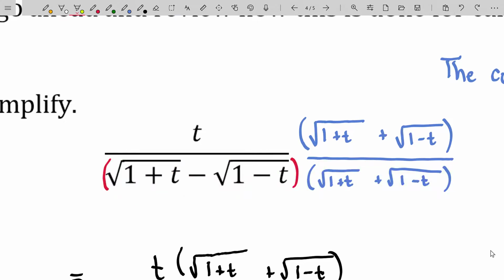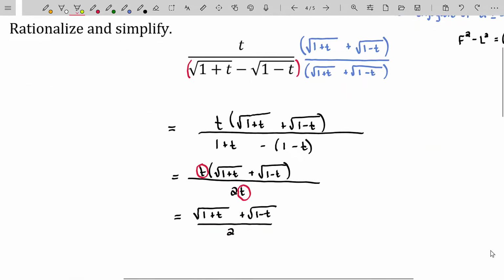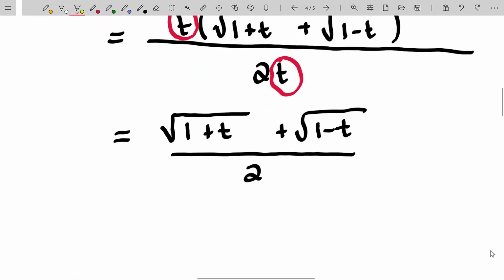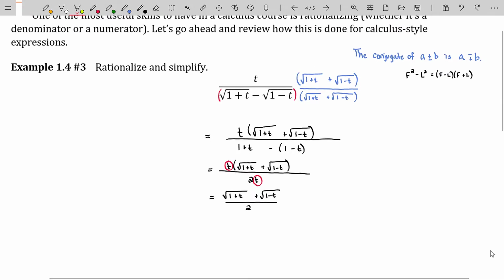When you have constants, yes, you'll multiply everything out. But if you have an expression that has variables, like you will often have in calculus, then you're not going to multiply out the non-conjugate pieces. And that is because things will cancel. It's meant to. So again, that original expression is equivalent to the square root of 1 plus t plus the square root of 1 minus t all over 2.